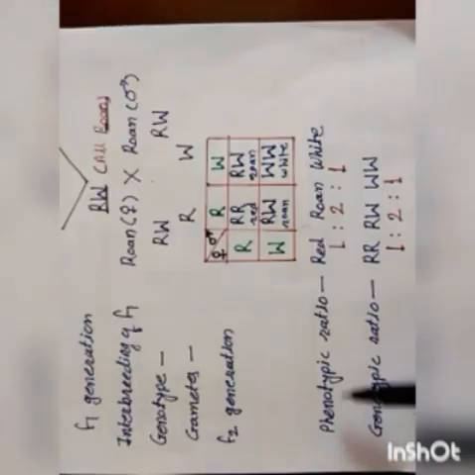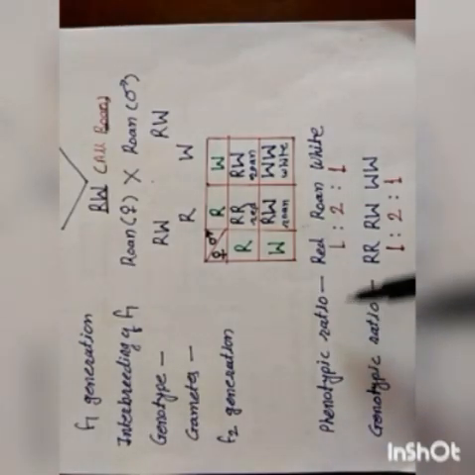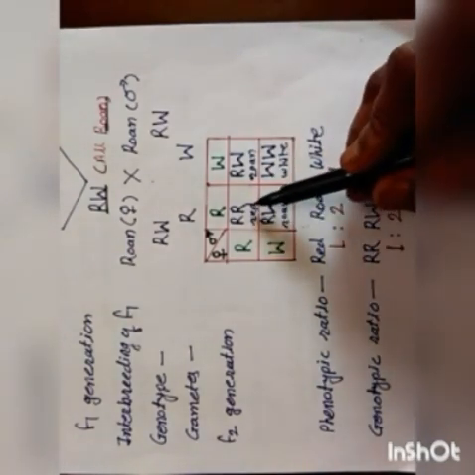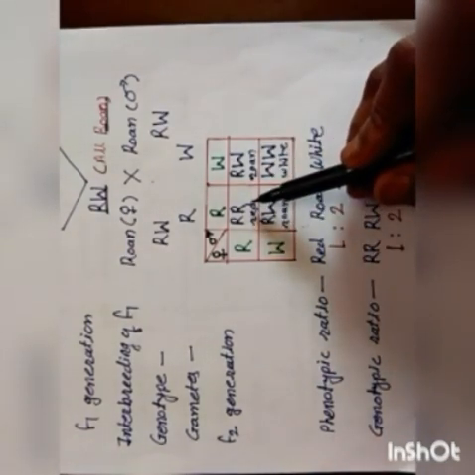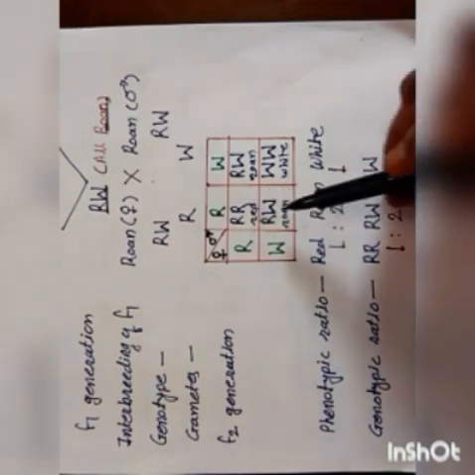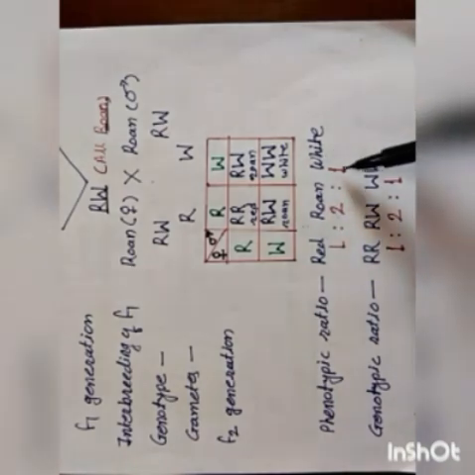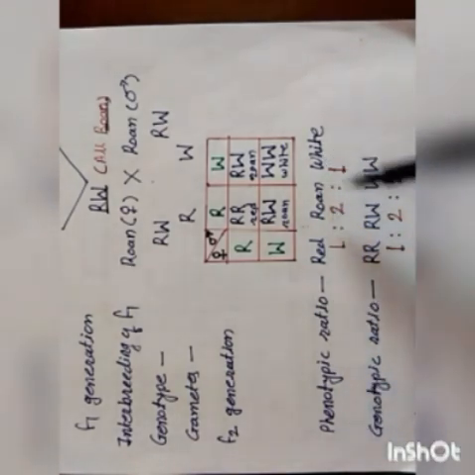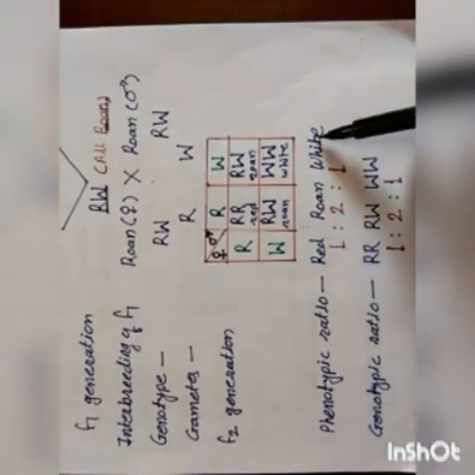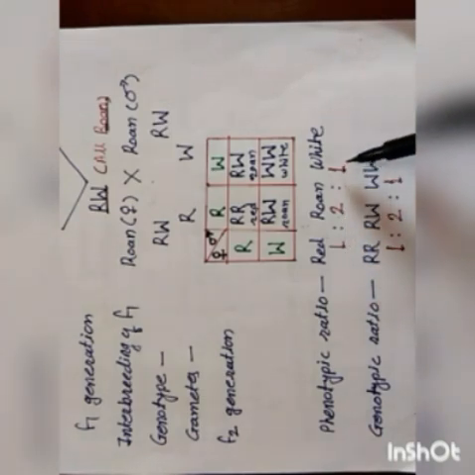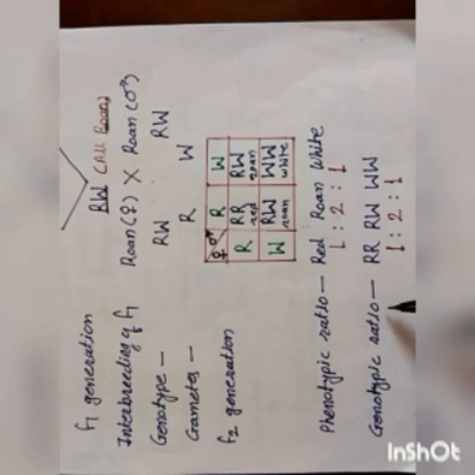Then the phenotypic ratio. In the F2 generation the red offspring is 1, Roans are 2 and white is 1. Means the phenotypic ratio of red, Roan, white is 1:2:1. Then the genotypic ratio.